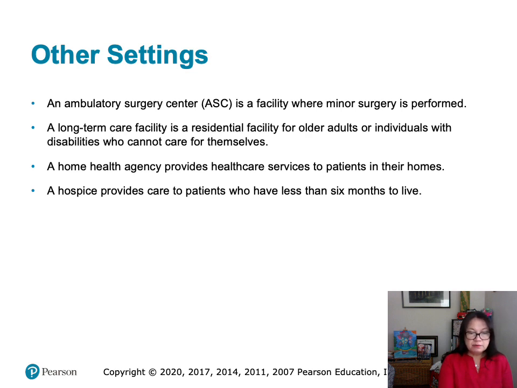Long-term care facilities provide 24-hour nursing care. A home health agency provides a range of healthcare services to persons in their homes. These services are particularly useful for individuals who are unable to come to a physician's office or clinic and do not want to live in a long-term care facility.